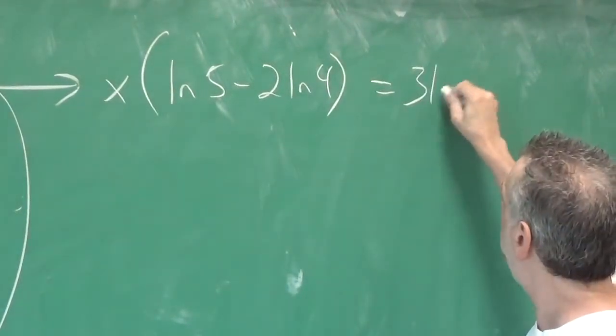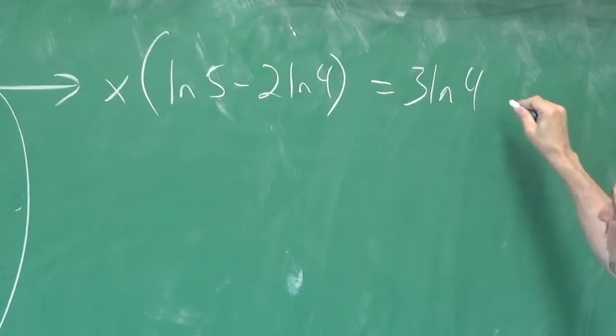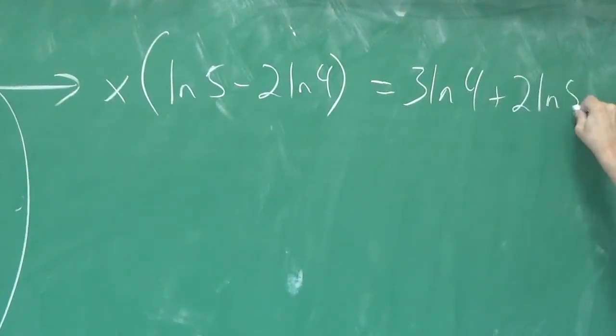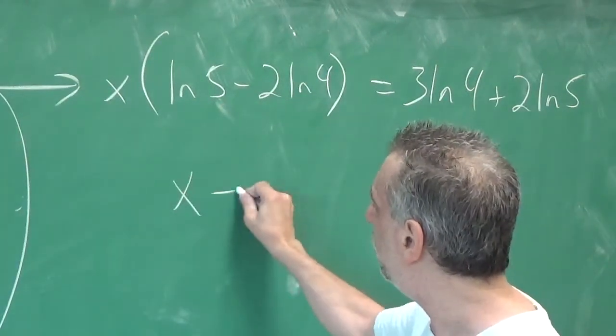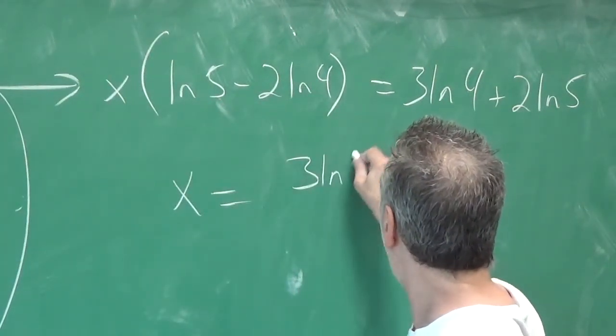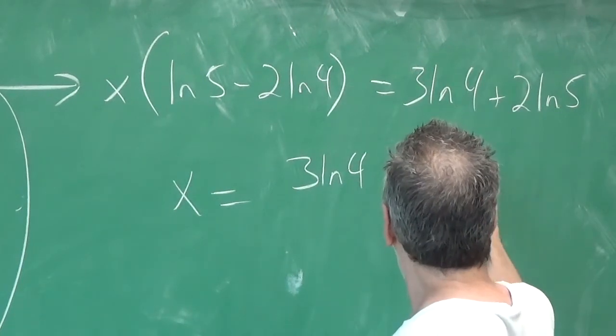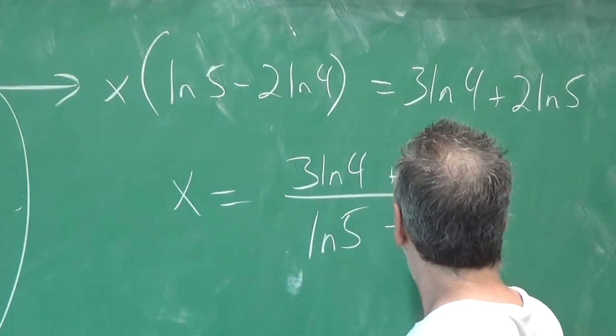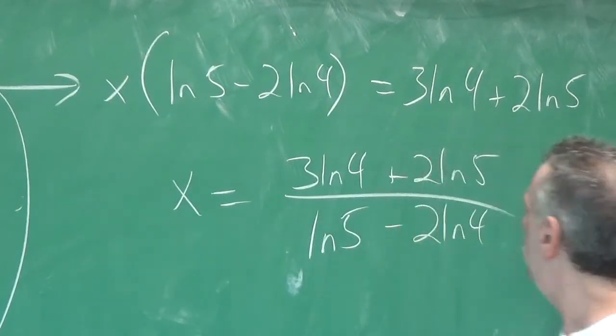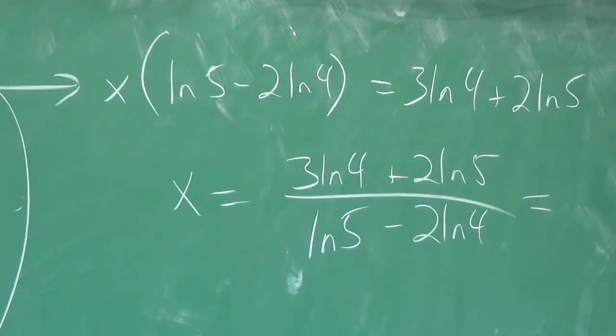And over here we just have numbers, 3 ln 4 plus 2 ln 5. One more step, we divide both sides by this number here to solve for x. So we get 3 ln 4 plus 2 ln 5 over ln 5 minus 2 ln 4.